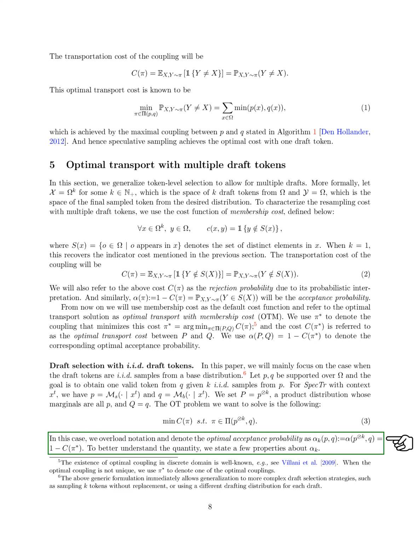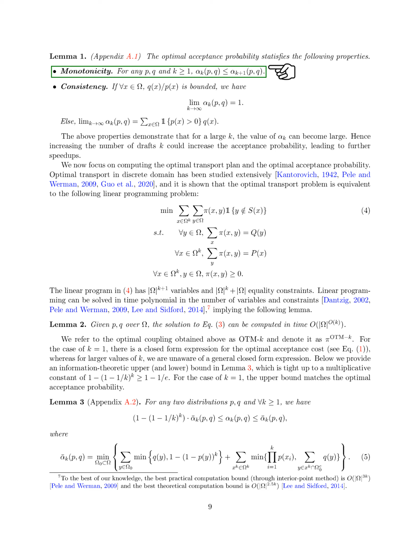We've found that this probability has a few interesting properties. For instance, it's monotonic, meaning that for any P, Q, and K, the number of drafts, alpha underscore K, P, Q, is less than or equal to alpha underscore K plus 1, P, Q. Also, if the ratio of Q(x) to P(x) is bounded for all x, then as K approaches infinity, alpha underscore K, P, Q, approaches 1.